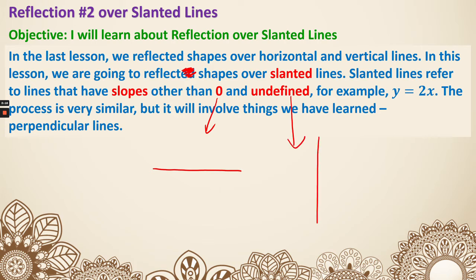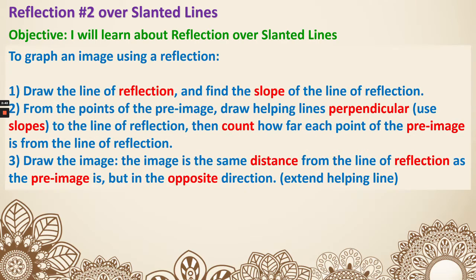If you recall, before we learned slopes that are positive, then negative, then the smooth one, which is 0, and then this is undefined. So that's how the slope works. Slanted lines refer to the positive and negative slopes, for example, y equals 2x. The process is very similar to the last lesson, but it will involve something we have learned before, which is perpendicular lines.